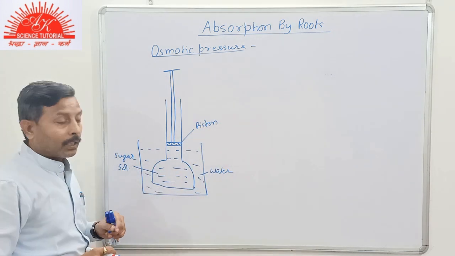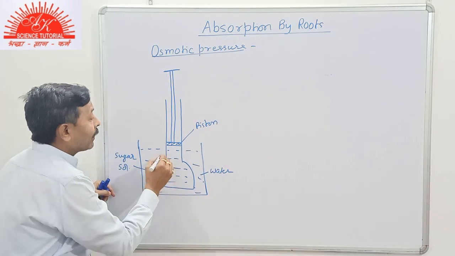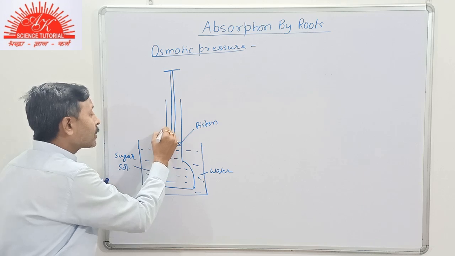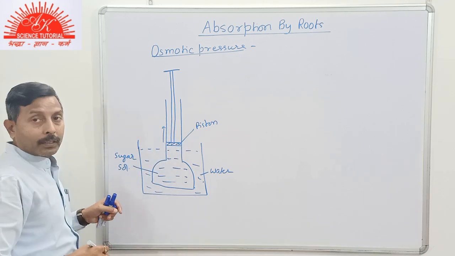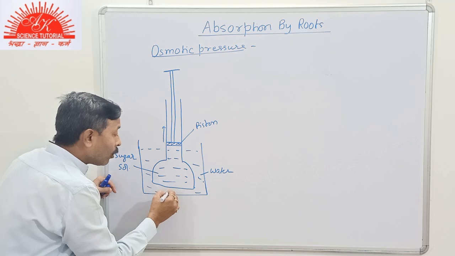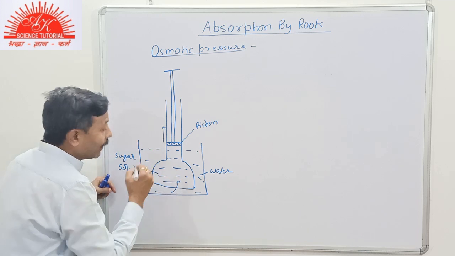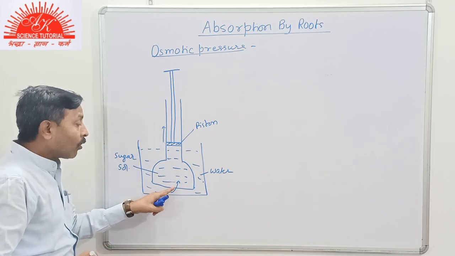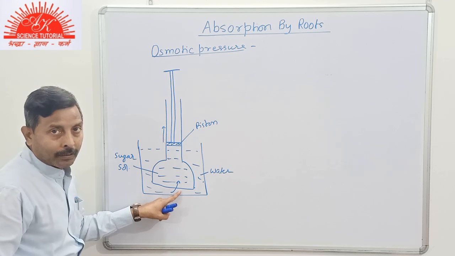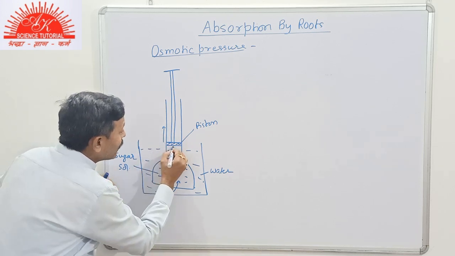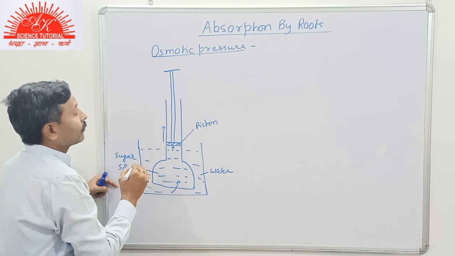Now what will you observe? You will observe that gradually the piston moves upward. The reason is that due to osmosis, water moves inside the funnel across the semi-permeable membrane. It pushes the piston upward.